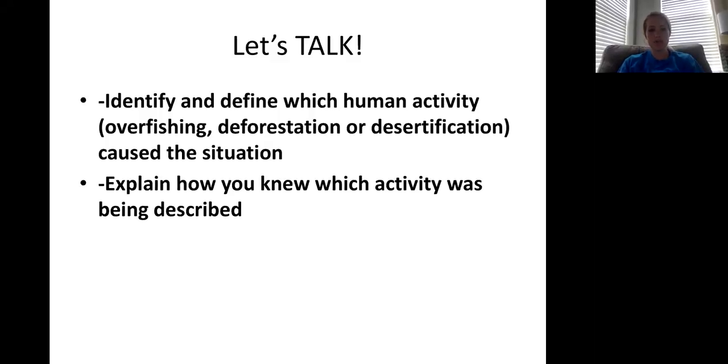We don't even have to do that. You can just talk about if you've seen something like this and what you think happened, or one that is close to you that you think is devastating to the environment. Or you can ask me any questions you have about anything in the biology class itself. So does anybody have anything they'd like to input?